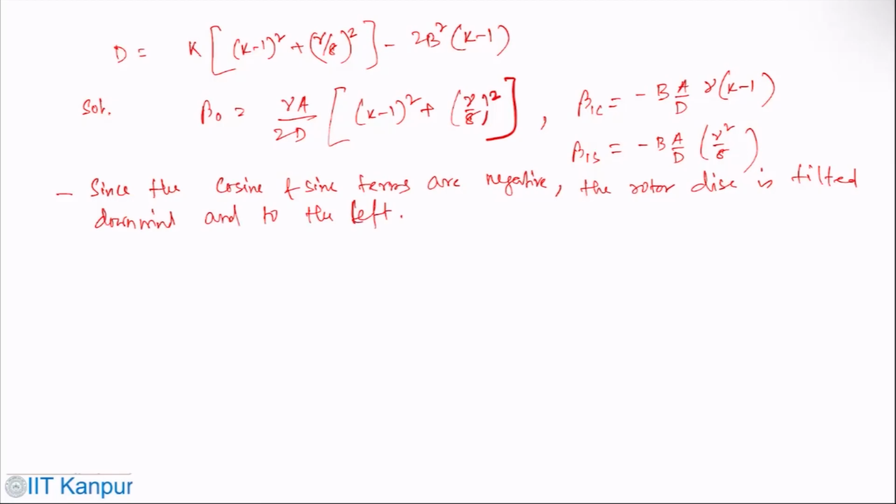So now the magnitude of the sine and cosine terms can be related by cyclic sharing. So the cyclic sharing would give beta 1s is gamma by 8 K minus 1 beta 1c.